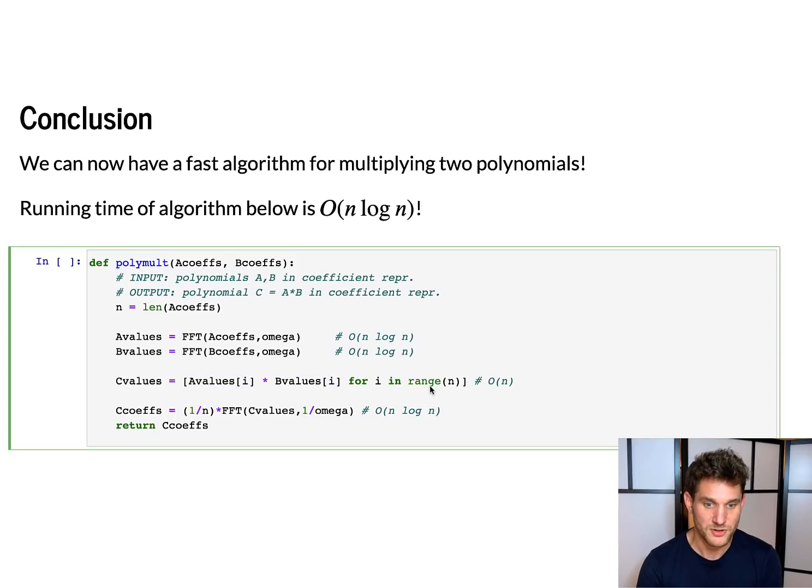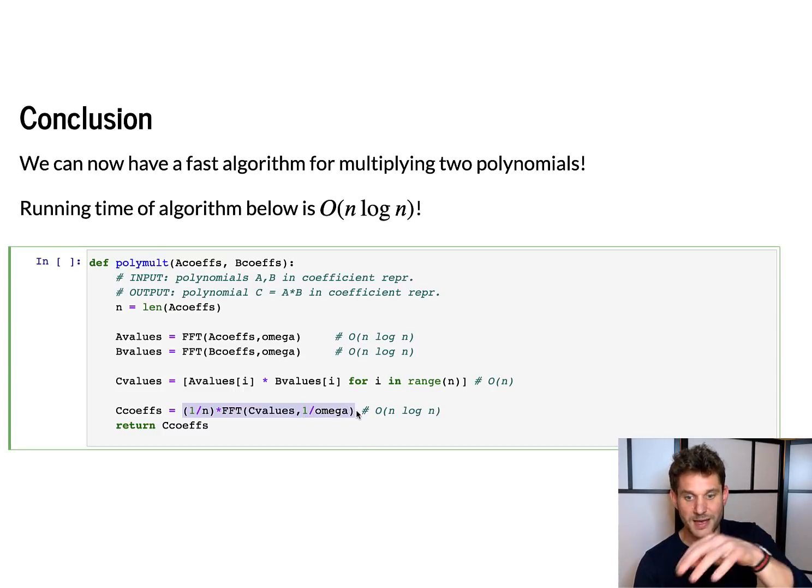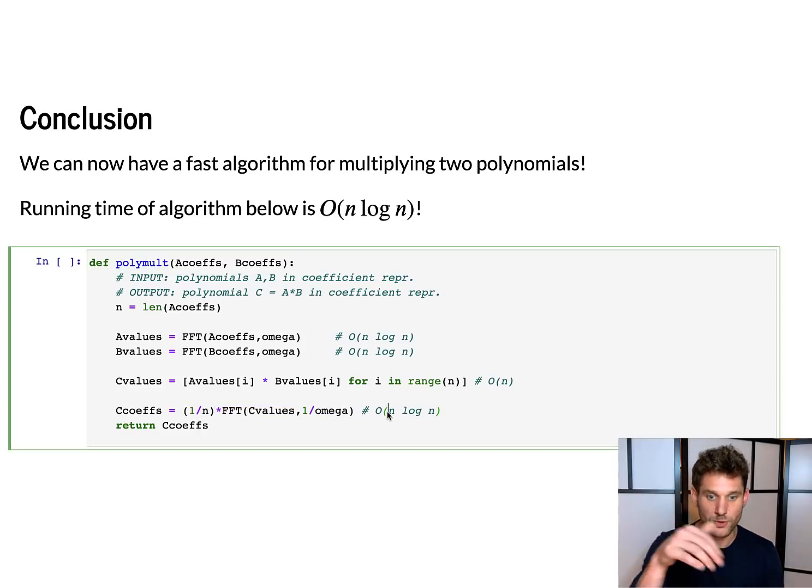This is an O of n operation. Now we want to get a coefficient representation of the polynomial C. We simply use this inverse transformation. You can use FFT both to go from coefficients to values, and to go back from values to coefficients. Now we have C's coefficients, and we can return that.